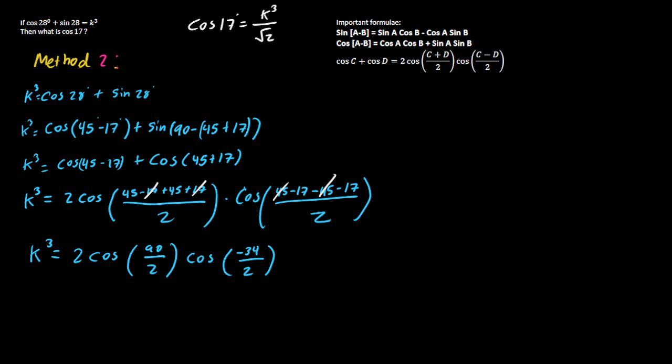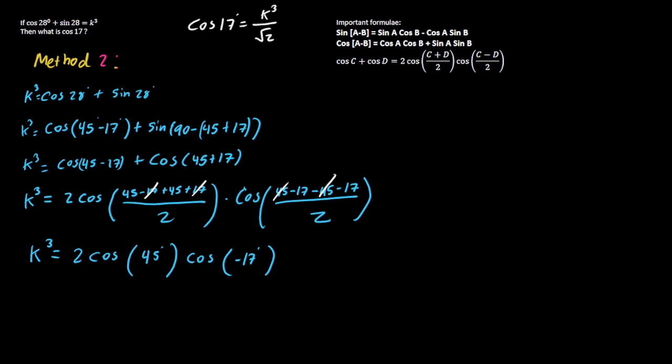And I can simplify 90 over 2 into 45 degrees. So it'd be 2 cos 45. I could also simplify this into negative 17. So this would be where we are at right now.